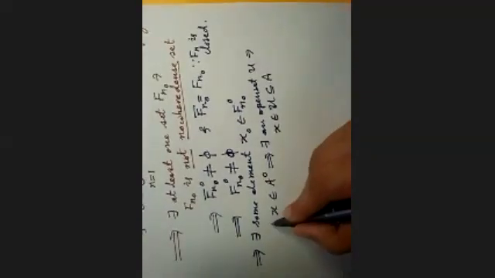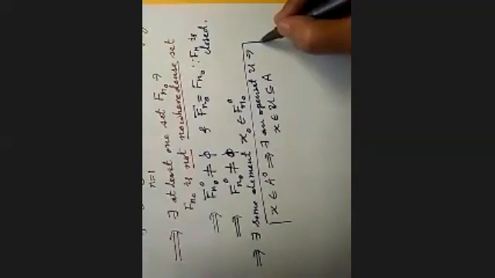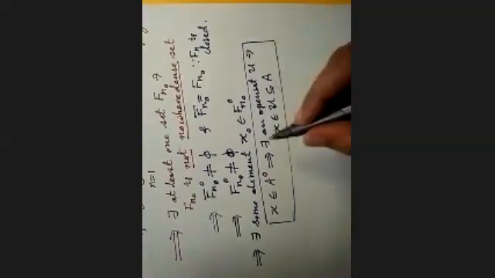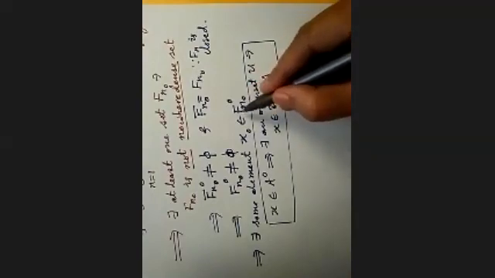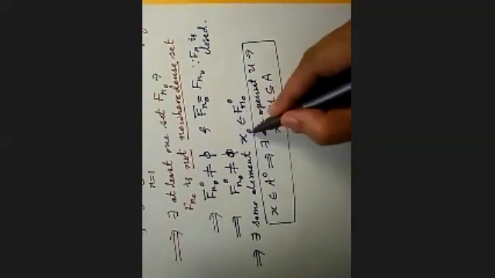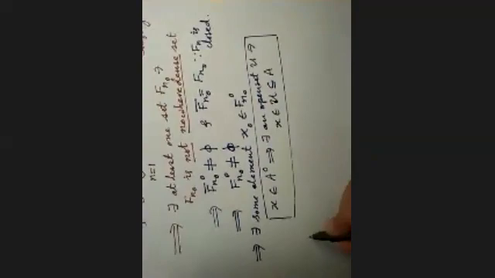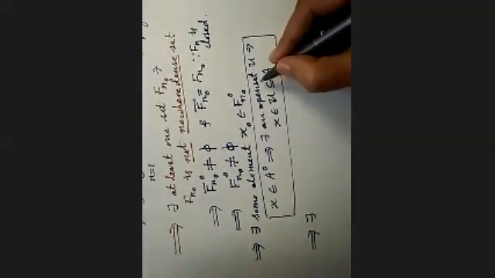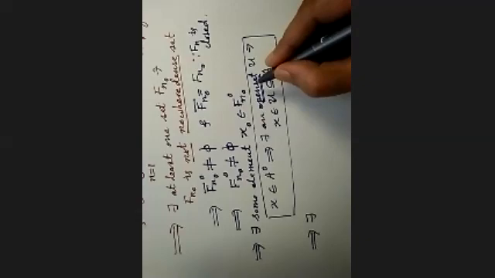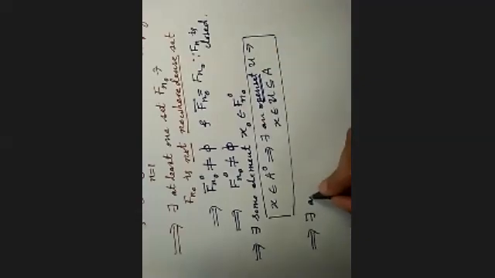So using this, I have some element belonging to the interior of A. In the place of A, I have Fn naught, and in the place of x, I have x naught. So there exists, since I am in a metric space, instead of an open set, an open sphere.